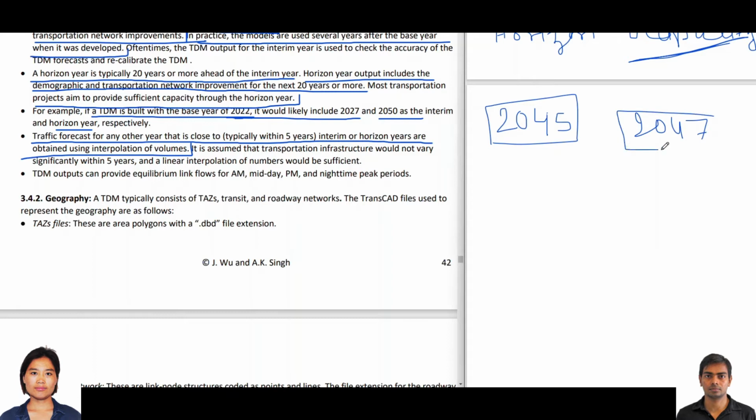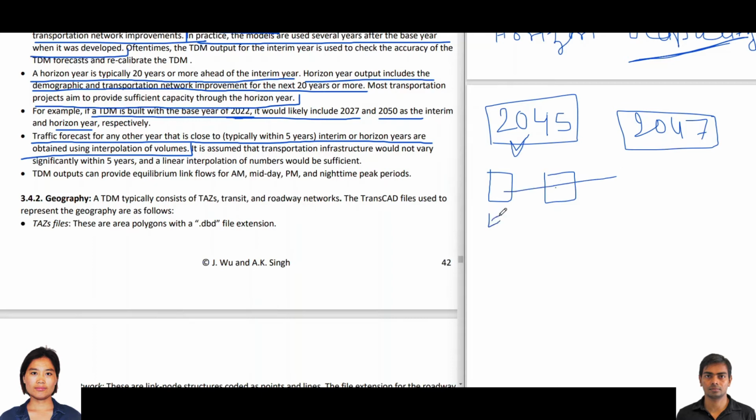So what we do is, we cannot go and build another model for 2047. It's difficult as it is to use the 2045 model. A travel demand model takes a lot of time and resources to run. So what we do is we figure out the volume in our existing counts, and then we figure out the volume in the 2045 counts, and then we figure out a linear growth factor between.